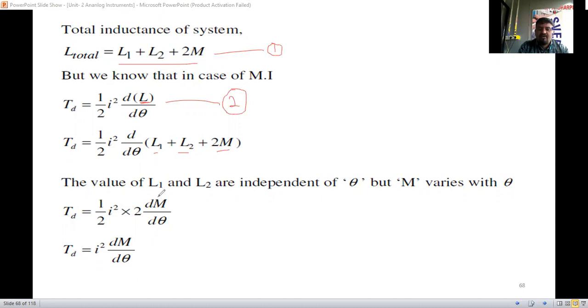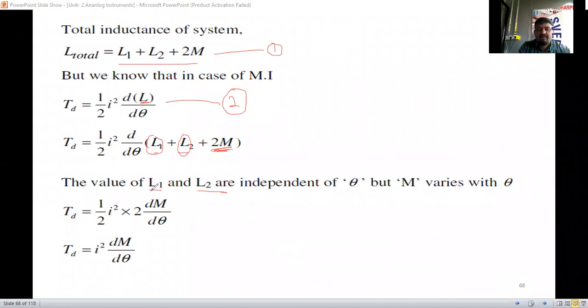From this fixed coil and moving coil, the self-inductance values are independent of theta. They do not depend on theta. But the angle of deflection depends on the mutual inductance only. So the differentiation of L1 and L2 with respect to theta is 0.